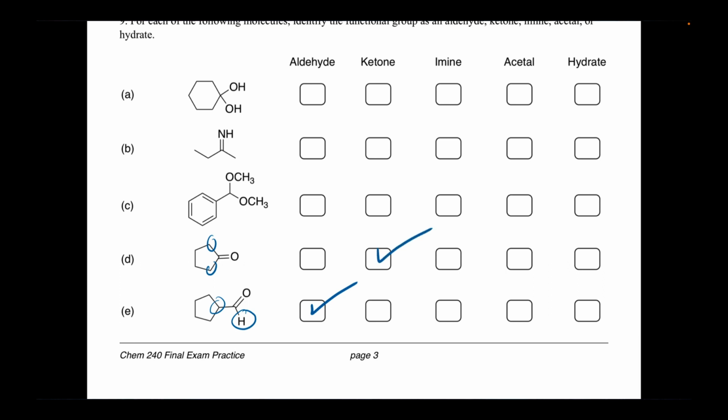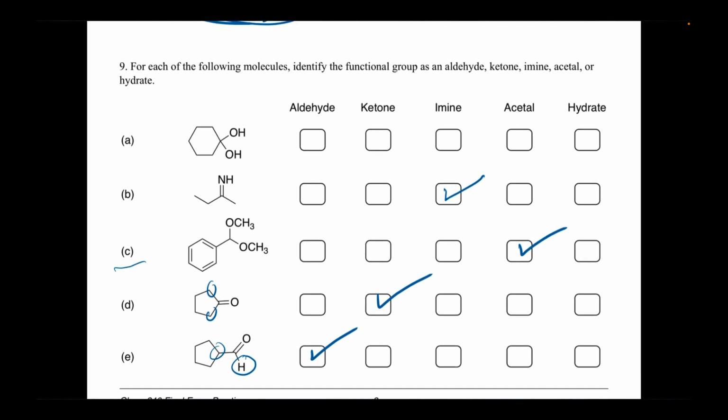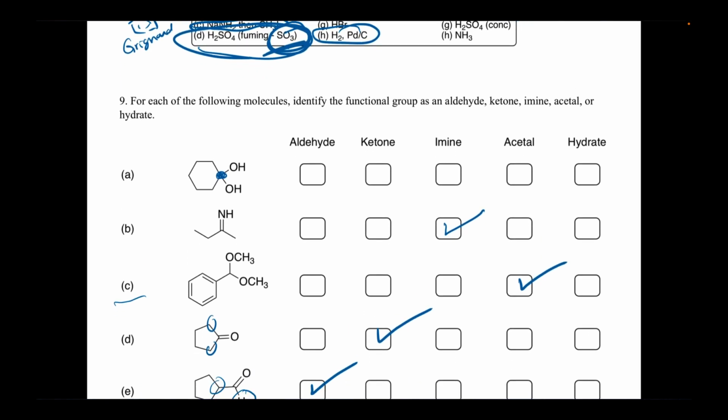And C would be an acetal. B, carbon-nitrogen double bond, that's an imine. And A, not a super stable molecule, but we have a carbon with 2 bonds to oxygen, so it's the same oxidation state as an aldehyde or ketone, but with 2 OHs, that would be the addition of water to the ketone, so that's a hydrate of the ketone.